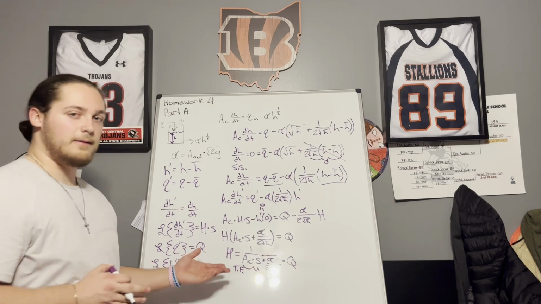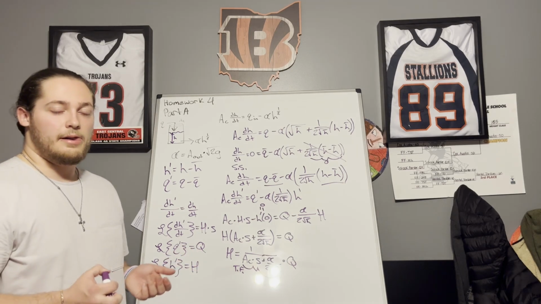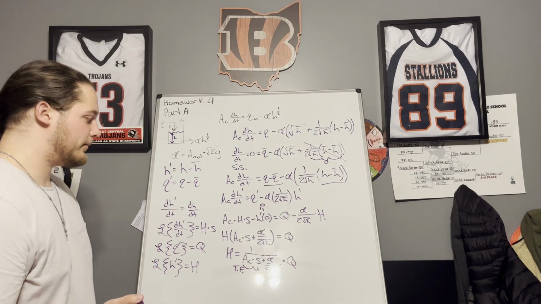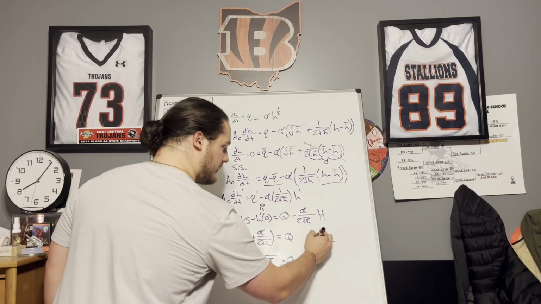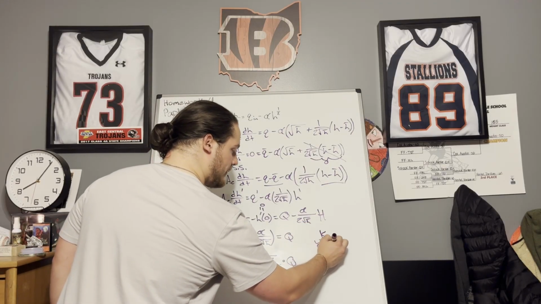However, we need to fit this into the first order model for a first order transfer function, and that is going to be k over tau s plus 1.